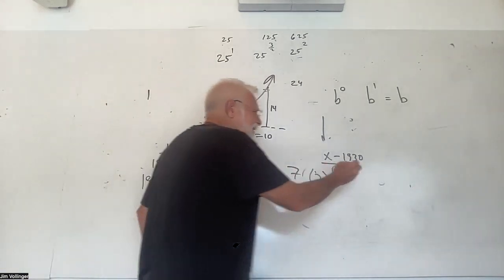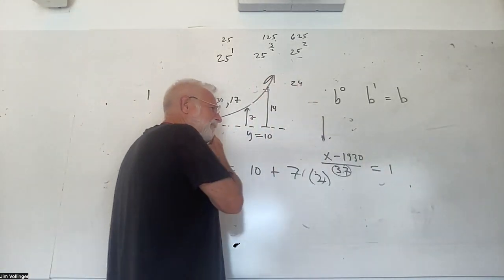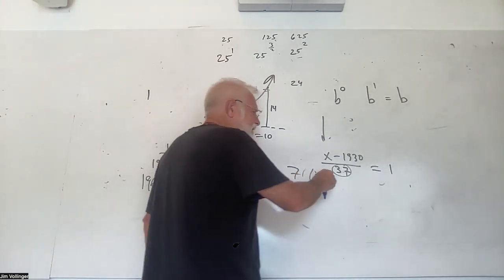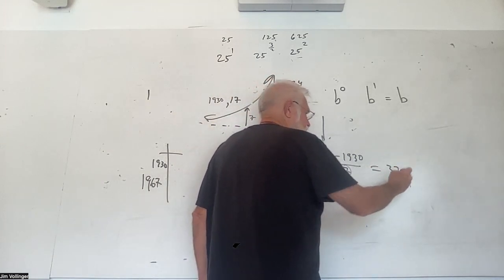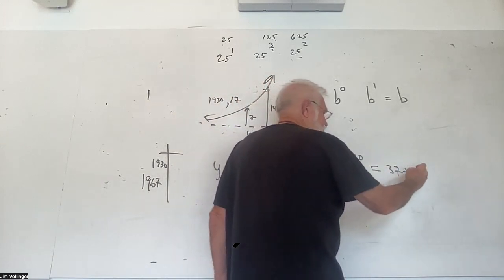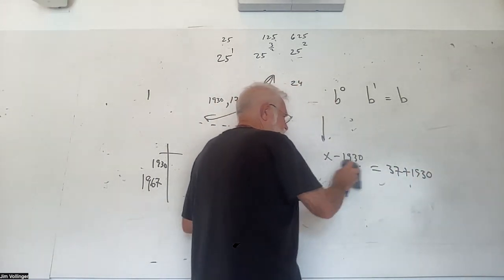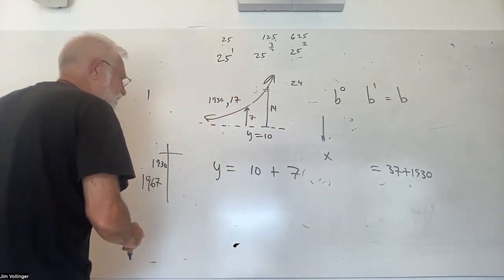Because I'm trying to get 1. Right? And if I want to make that the number 1, well, then I've got to get x alone. I'm going to multiply 1 by 37, and then I'm going to add 1930. And that has moved these and given me the x value that I want, 1967.